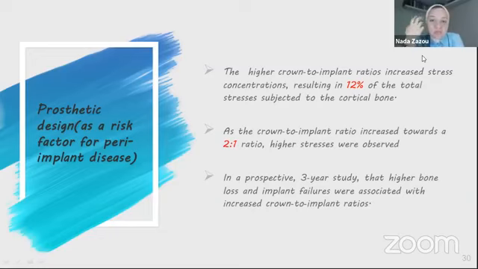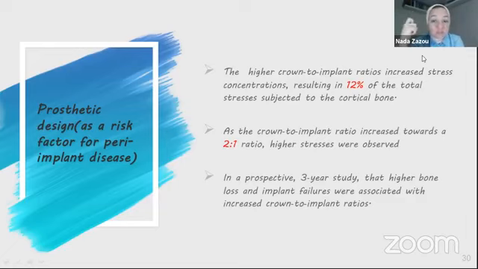I should imagine, or even do a wax up of the crown that's going to be fabricated, and measure the length of the crown according to the inter-arch space. And if I find that I have vertical bone loss and I'm going to do a really long crown while I'm going to insert a 4 millimeter implant, it will be alarming for me.